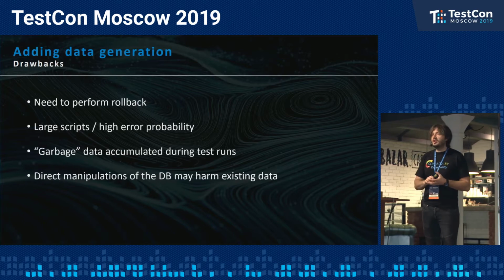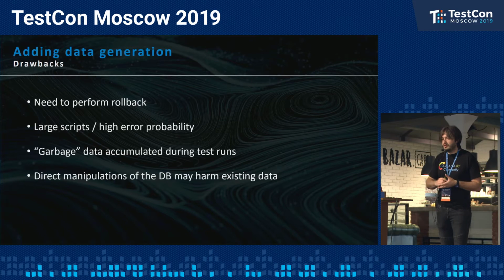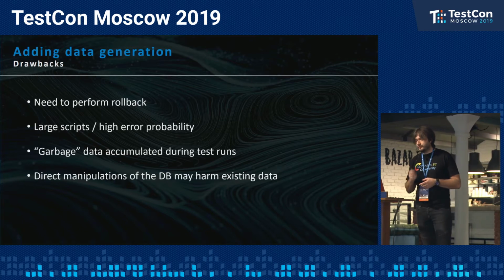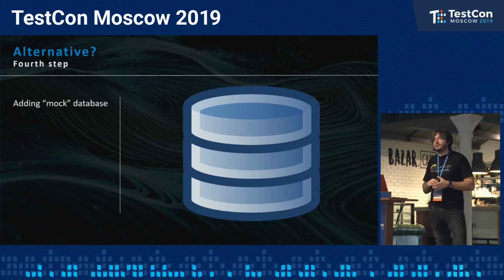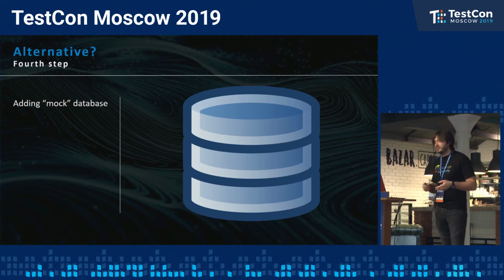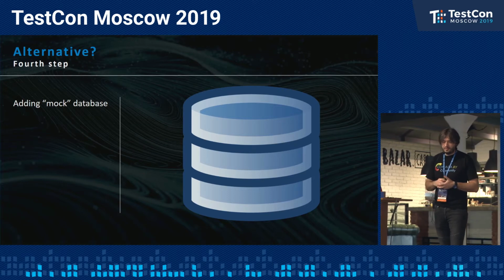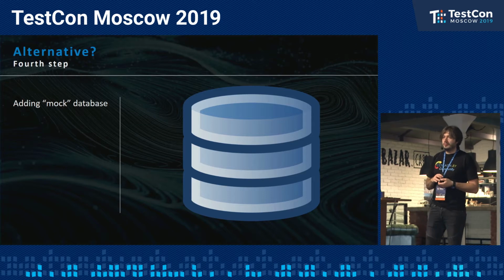We think that we add a scenario to one table, but we may implicitly affect a lot of other tables, and that may break things down. So the next logical step is to use some predefined database that we sometimes call a mock database.